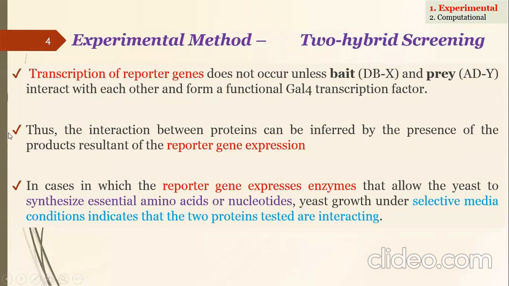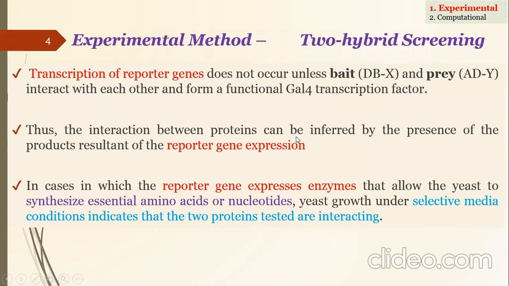And the transcription of a reporter gene does not occur until the bait, BD-X, and the prey, AD-Y, interact with one another to form a functional GAL4 transcription factor. So when X and Y come closer to each other, they recognize and bind one another. So the BD and AD will come closer, and they will constitute an active transcription factor.